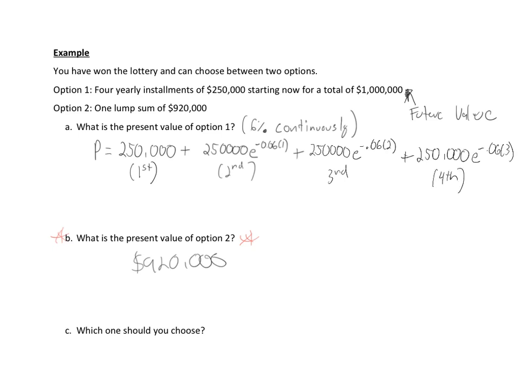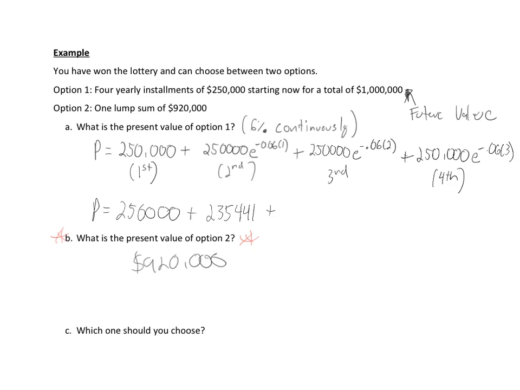Each one of these has a value. So I would say the present value would be $250,000 plus the second payment, which would be worth $235,441.